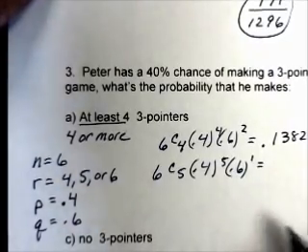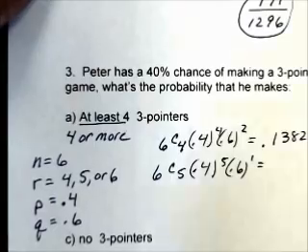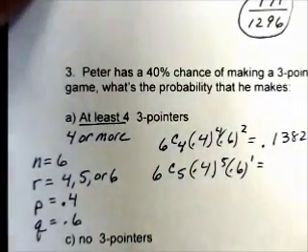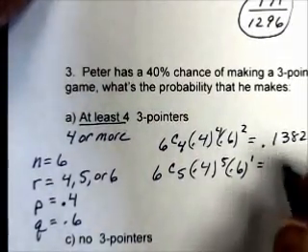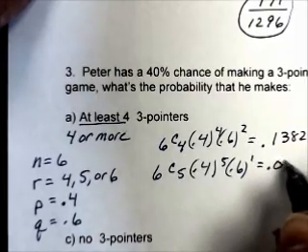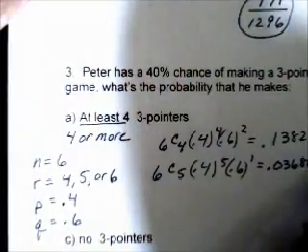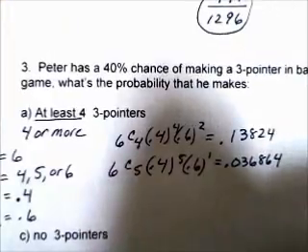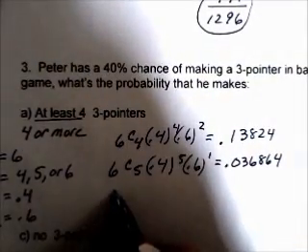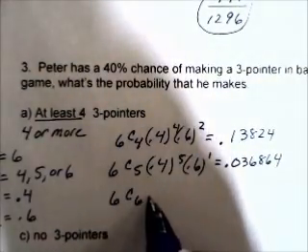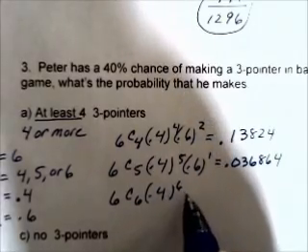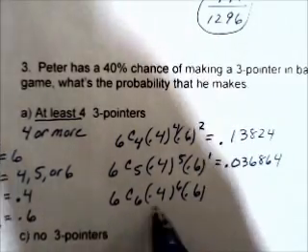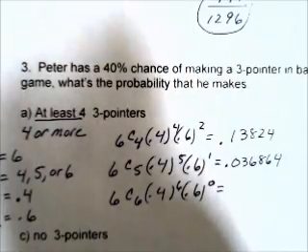Again, if you have a calculator at home, just key in a few of these, see that they match up. This is 0.036864. And 6 choose 6, 0.4 to the 6, 0.6 to the 6 minus 6, which is 0.